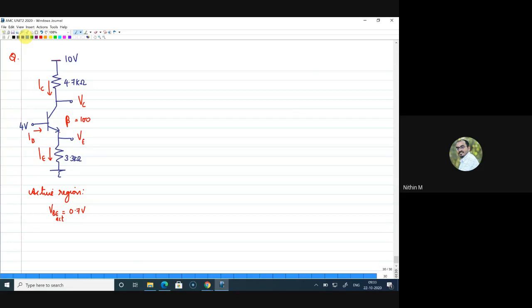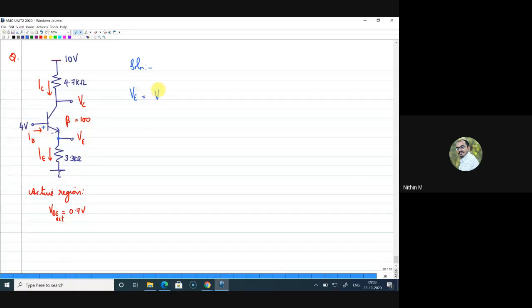So the first thing is the base-emitter junction is likely to be forward biased. So I'll consider VBE active as 0.7, and with that I can directly come to the value of VE. So what will be VE? VE is this node voltage. VB is 4, so 4 minus 0.7 will be VE.